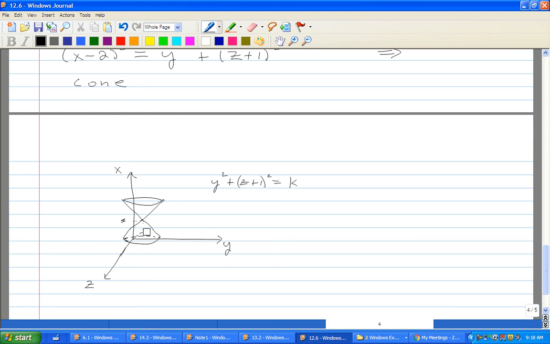It should really be x, y, z rather than y, z, x, if I were able to draw this, but this is the best I can do. Okay, so that is it for section 12.6.